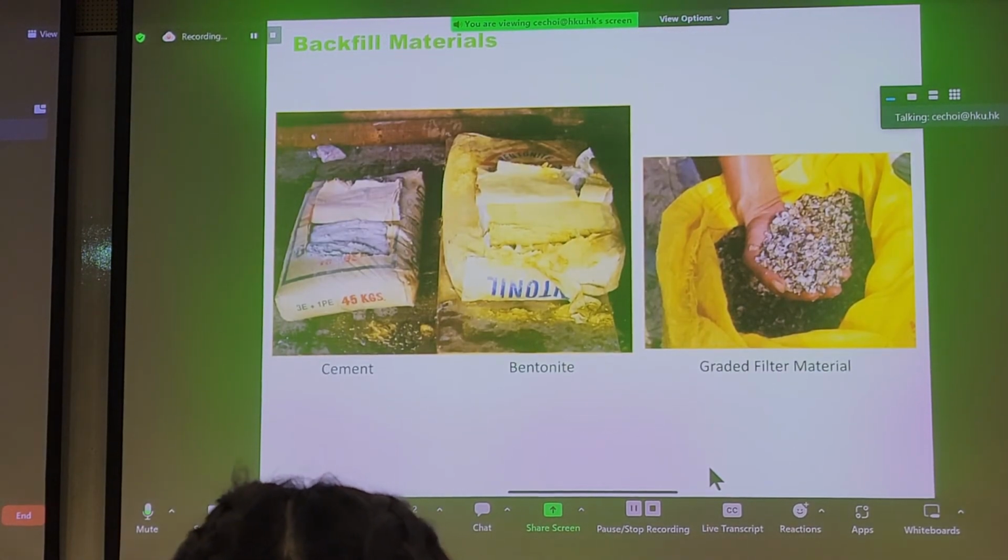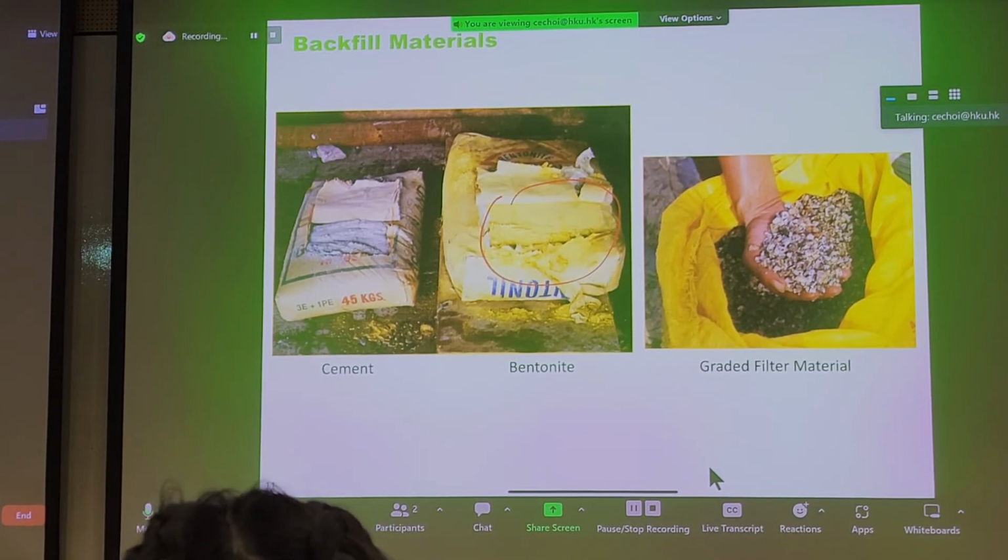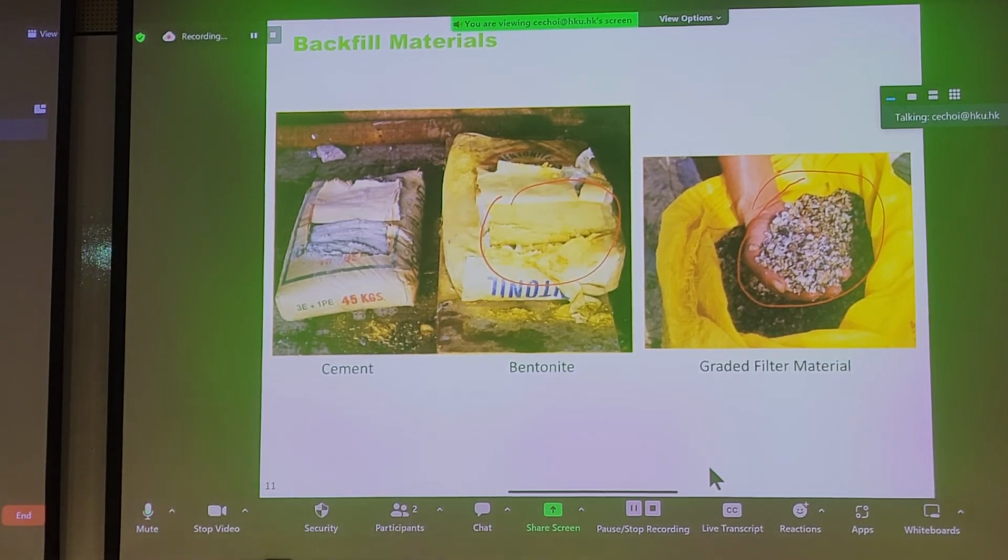So in case you're wondering how the bentonite looks like, so these are the bentonite materials. You can just rain in at the top, and if you want gravel or sand around the tip, this is what we place around the tip of the piezometer or around the standpipe.